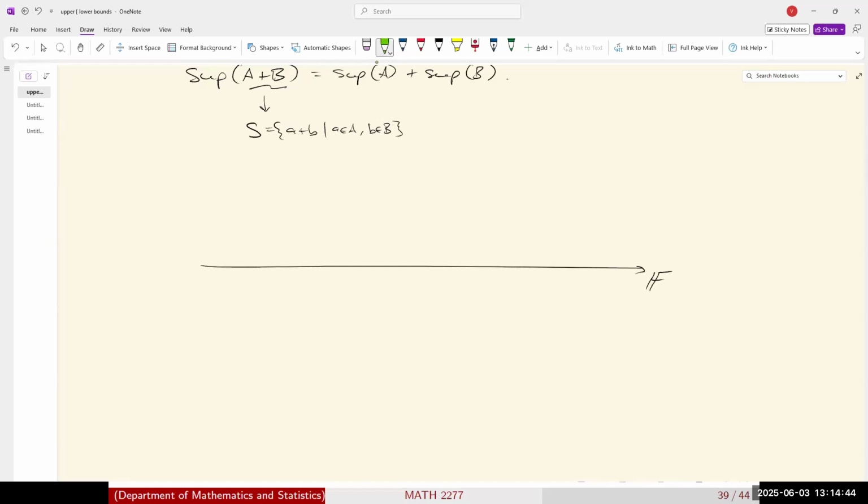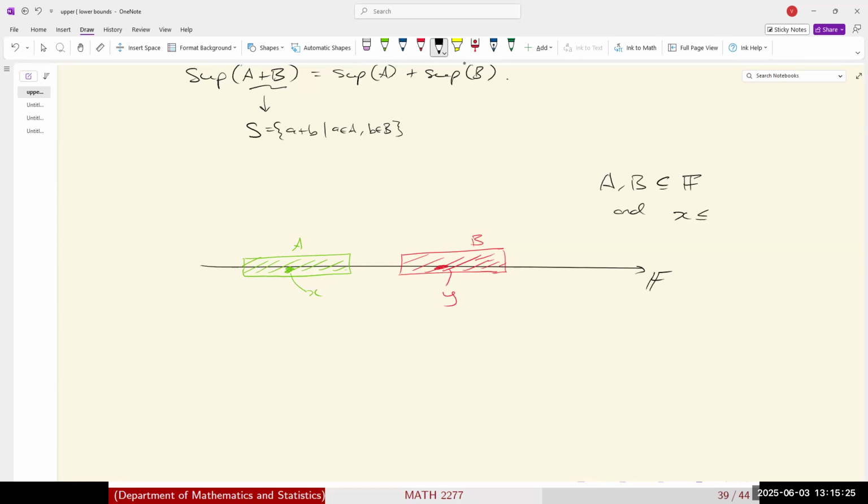Let's say this is your set A, and you have another set up here, call this B. Both are subsets of F, and every element in A is less than or equal to every element in B. Take an element in A, call it x, and take an element in B, call it y.